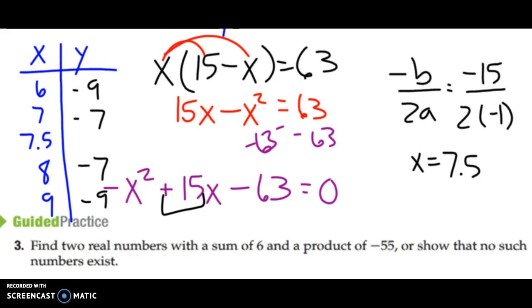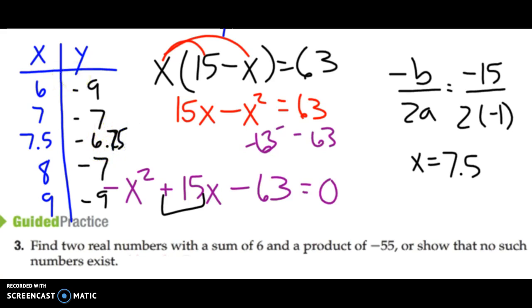So I get negative 7.5 squared plus 15 times 7.5 minus 63. And I find that to be -6.75.